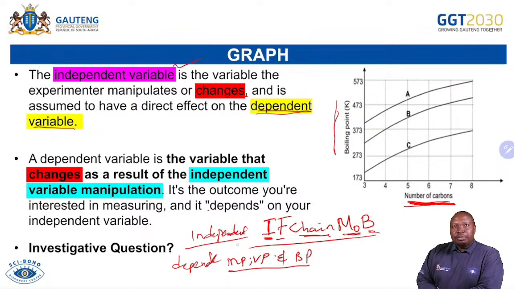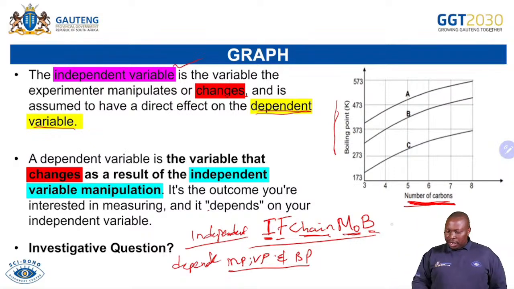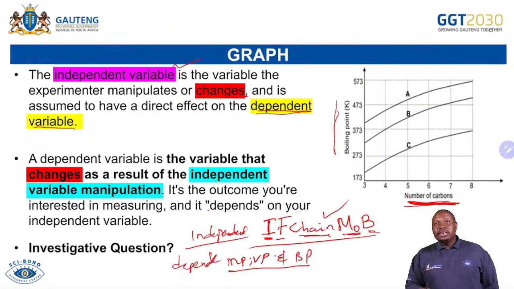What are the independent variables? They will be those that were given there. In this case, we're having the number of carbons, so it's chain length. As the chain length increases, what happens to the boiling point? Remember, the boiling point depends on the independent variable. So as the number of carbon atoms increases, the boiling point increases.